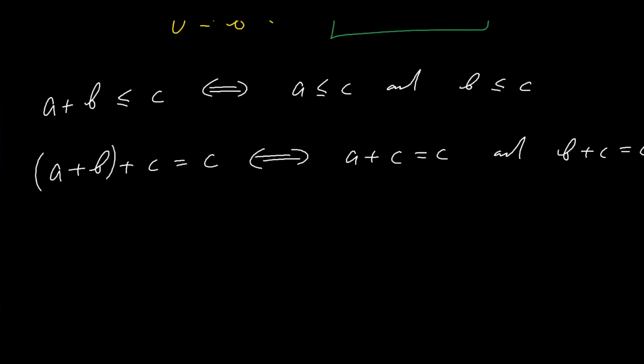Let's get convinced of this. So we will prove this in two directions separately. So let's say this is true: A plus B plus C does equal C. Why would this make A plus C equal C? And separately B plus C equal C?